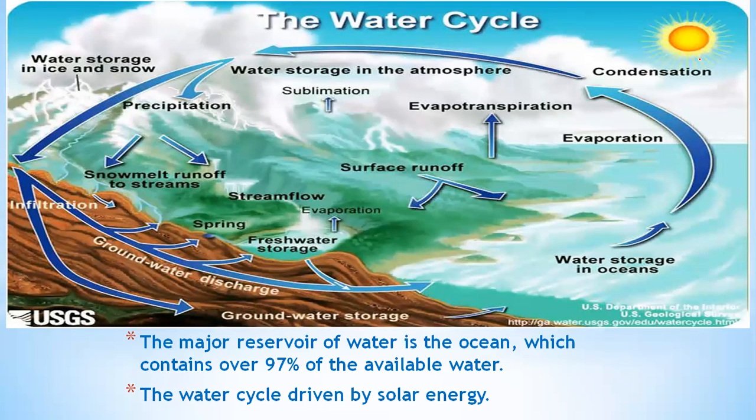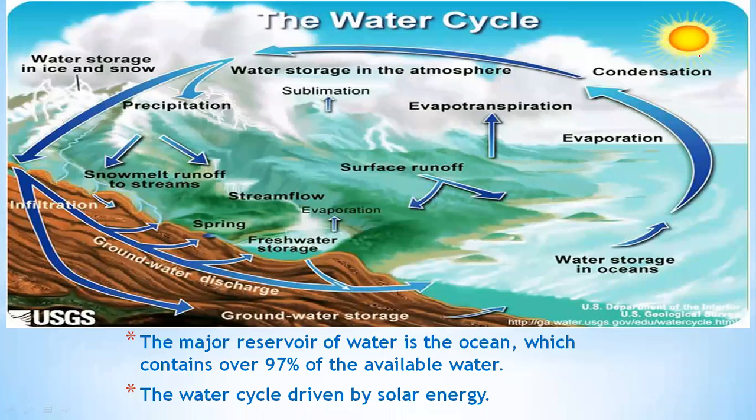The water cycle actually starts from those reservoirs, like the oceans, lakes, rivers, ponds, etc. We know that the water cycle is driven by solar energy. So the sun is the ultimate source of energy for life on the earth, and water is also recycled by solar energy, and that process is evaporation.